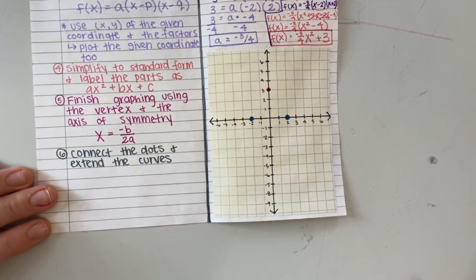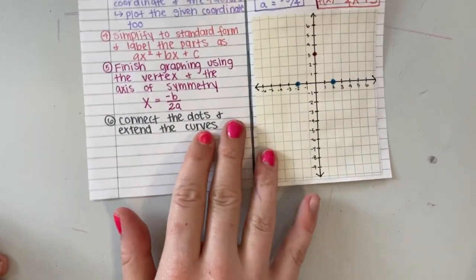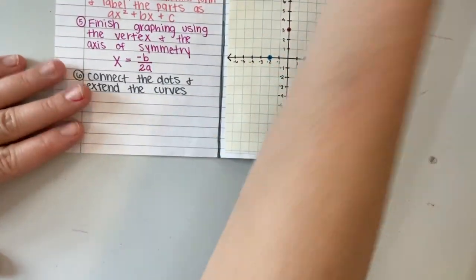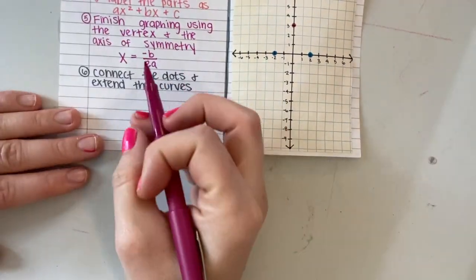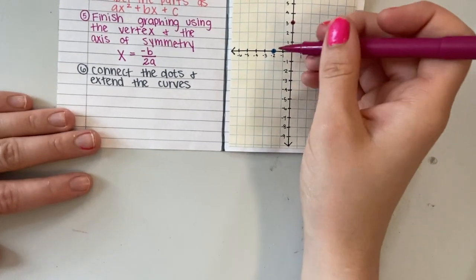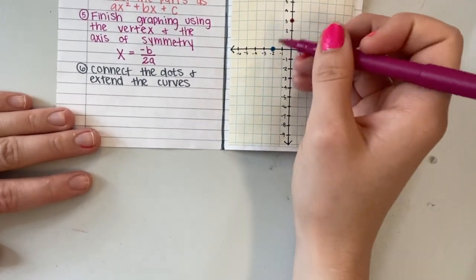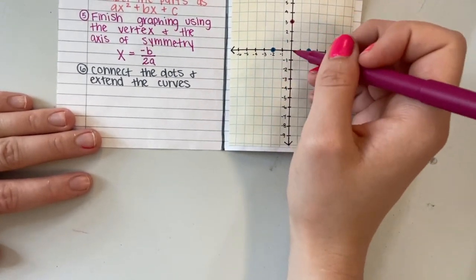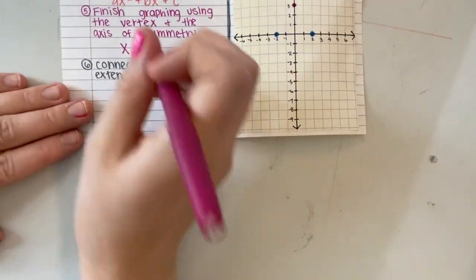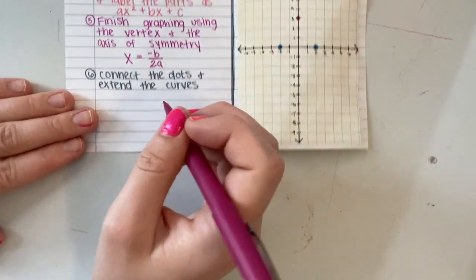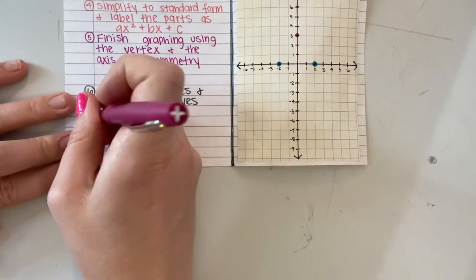I need to find my axis of symmetry. We already have our axis of symmetry because you can see it right here. That's symmetric, right? But let's just find it on here.